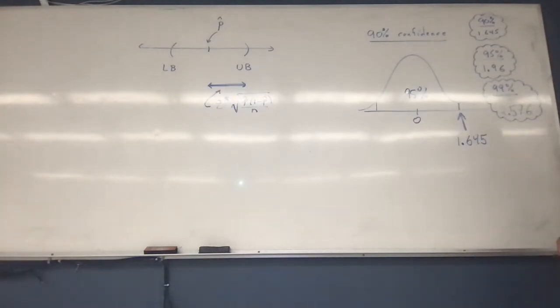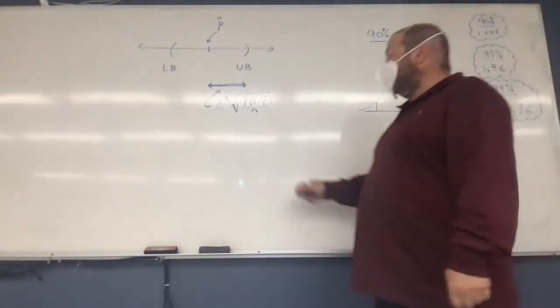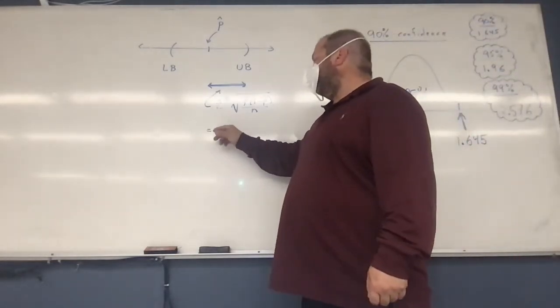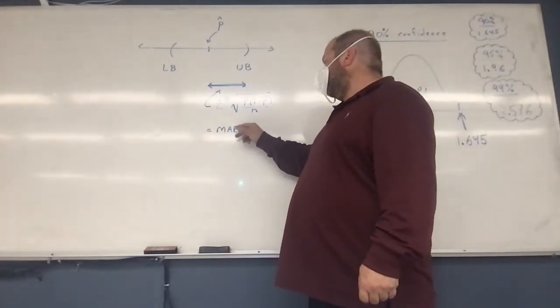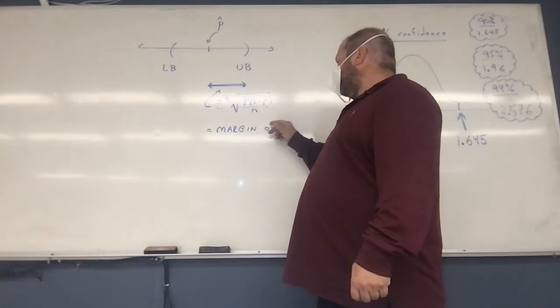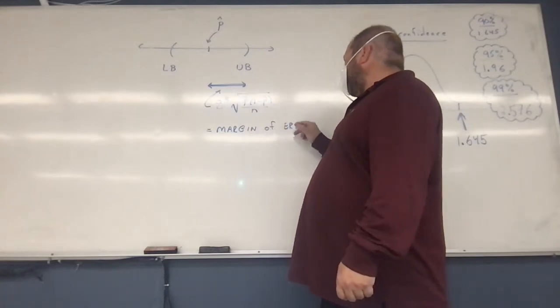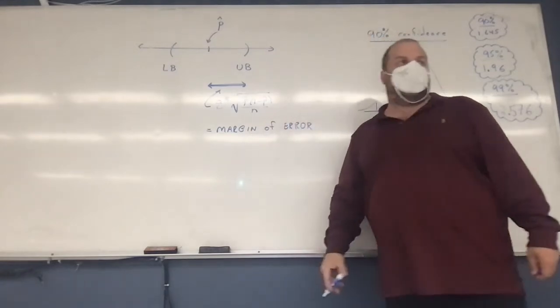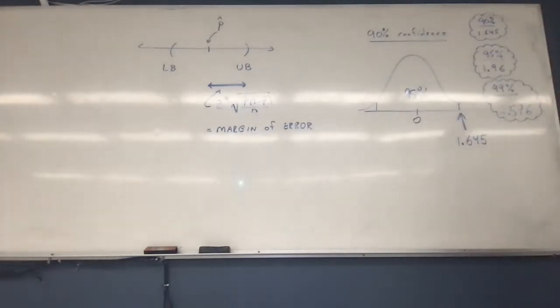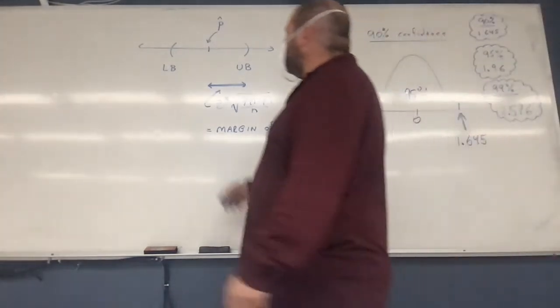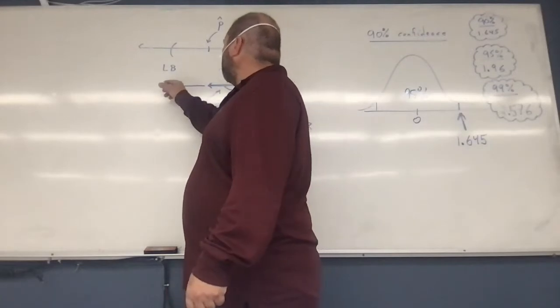So it's the plus or minus part, also called the margin of error. The thing that you add or subtract from P hat to get the upper bound or the lower bound is called the margin of error. What's the distance from the center to the lower bound?